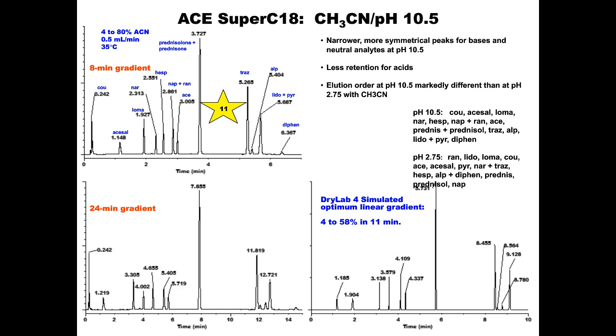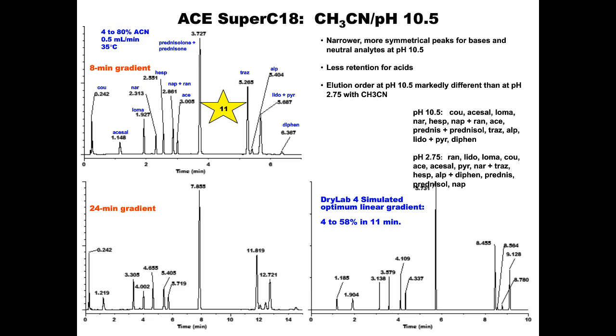But unfortunately, one of the stronger acids, coumaric acid, comes out in the void under both cases. So we would probably have to rule this out if you really want to do quantitative work. But the peak shapes at high pH for a lot of these bases, and of course for the neutrals, are quite good at high pH.